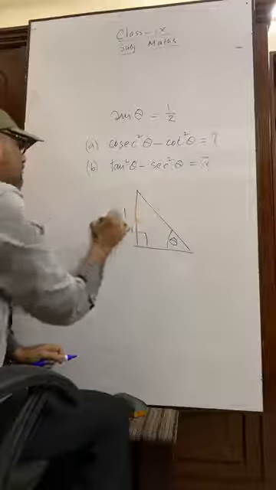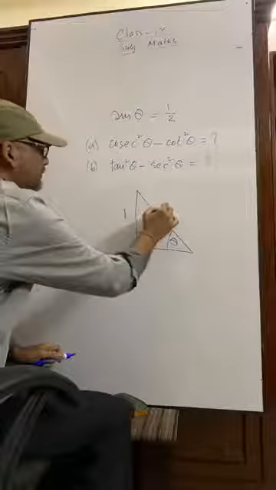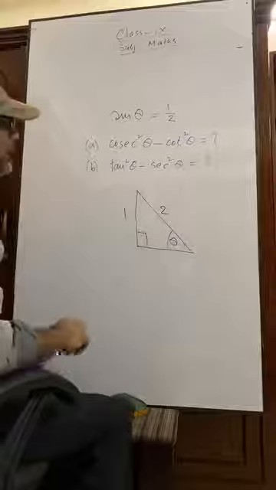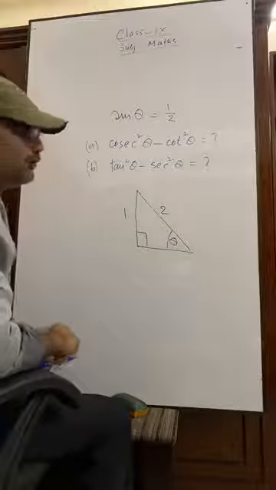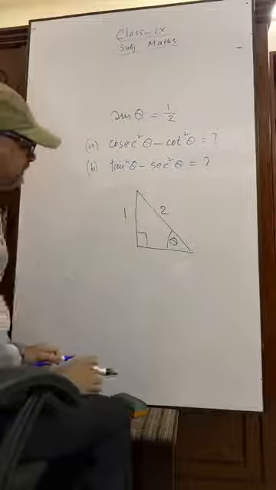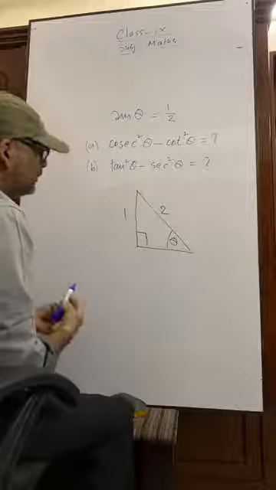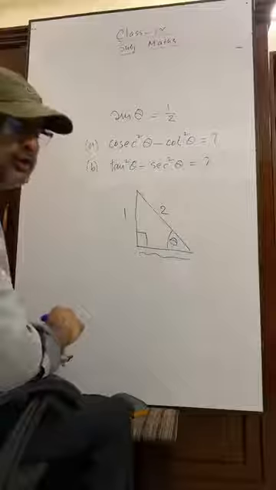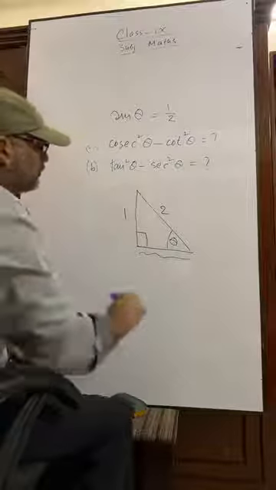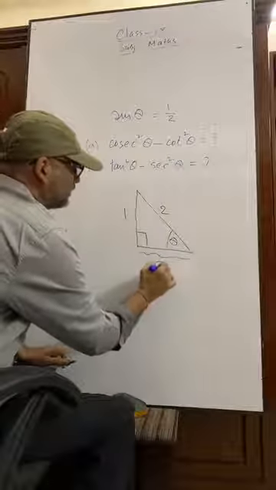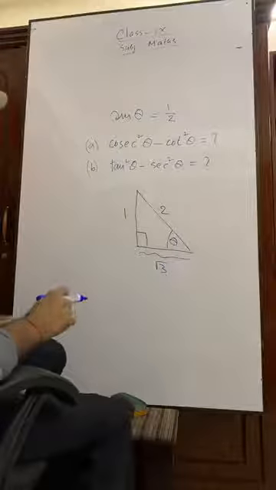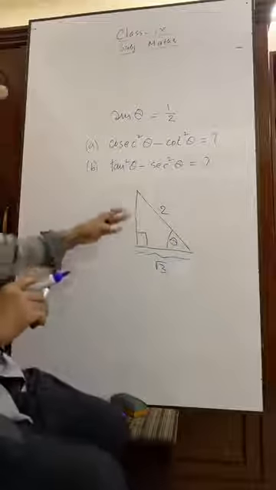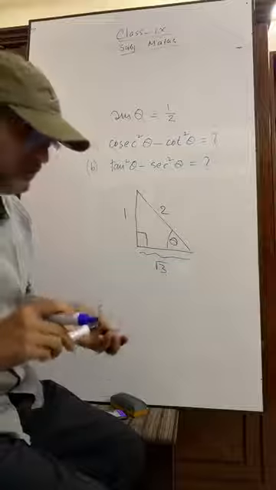So this is perpendicular and this is hypotenuse. Normally, you will determine the base here with the help of Pythagoras theorem, right? Suppose it is root 3. Then you will put the value of cosec theta, cot theta.